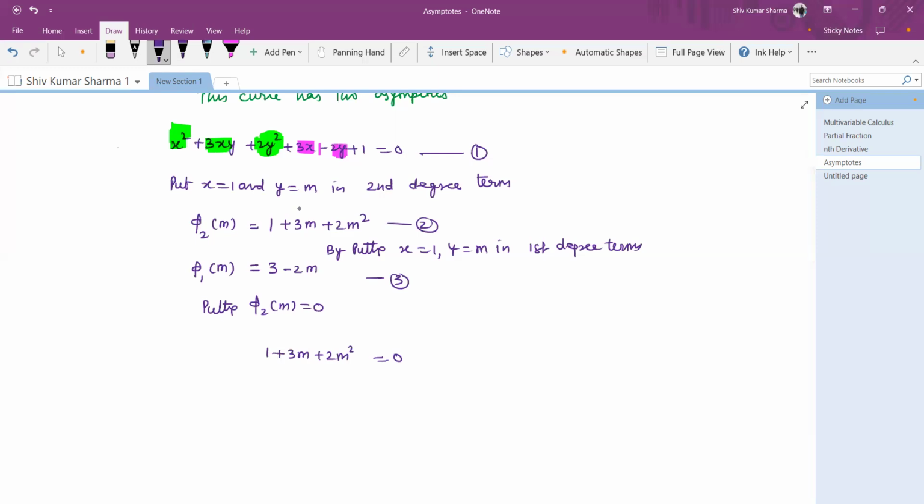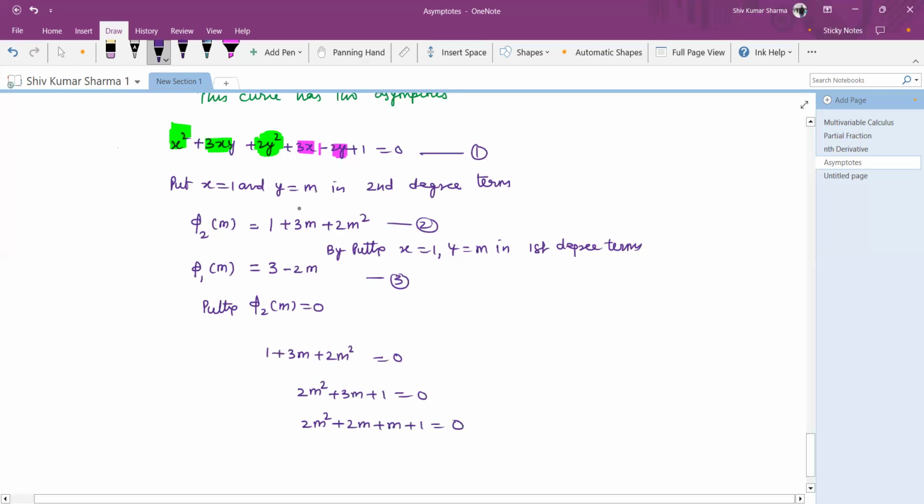How to obtain the roots of this equation? We can write 2 1s are 2. First we write 2m square plus 3m plus 1 is equal to 0. We write the factors as 2m square plus 2m plus m plus 1 is equal to 0. From the first two terms we take 2m common, and we get m plus 1. From the last two terms we take 1 as common, so we get m plus 1.